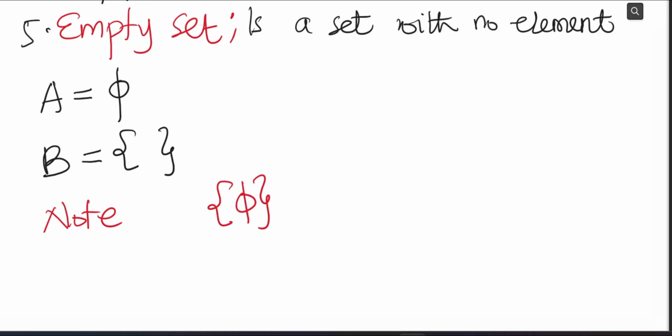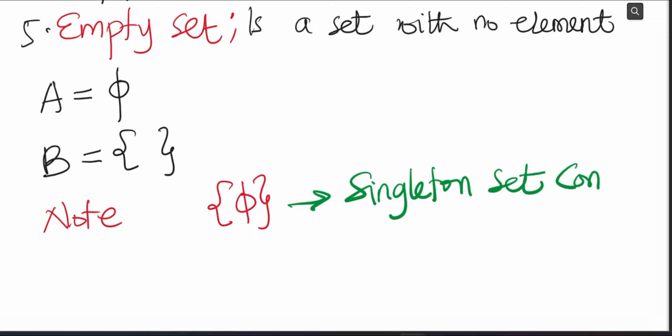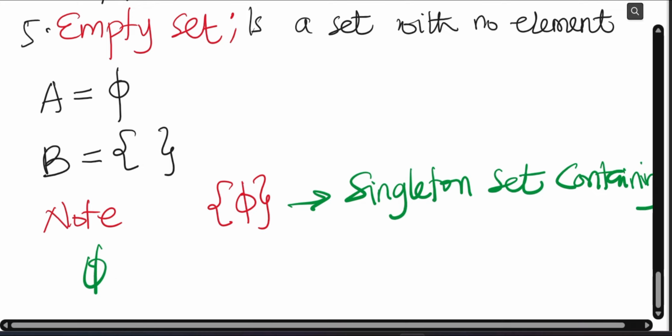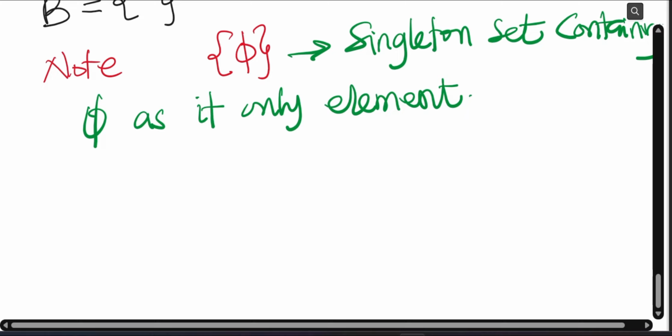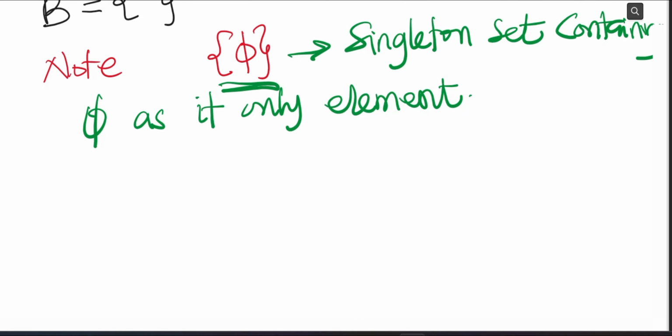Rather, this is a singleton set containing phi as its only element. This looks confusing. This set here contains the empty set as its element, yet we are saying the set is not empty. And of course, that is true.